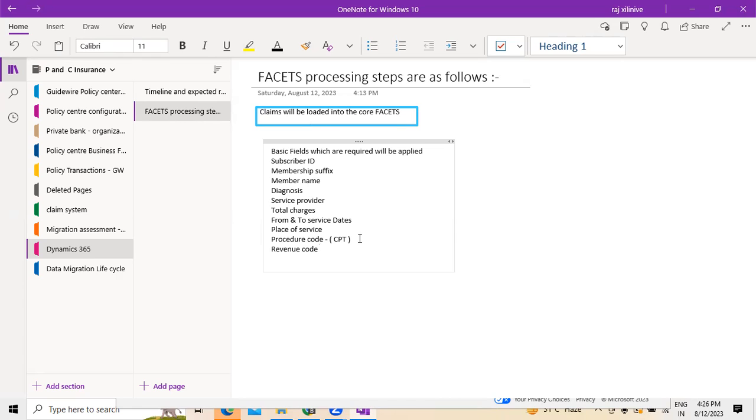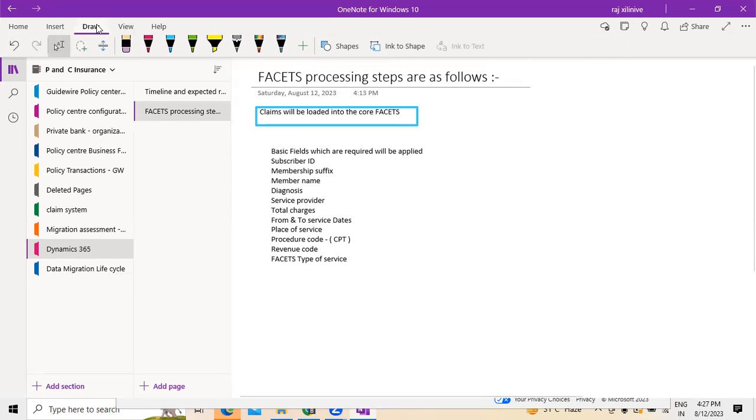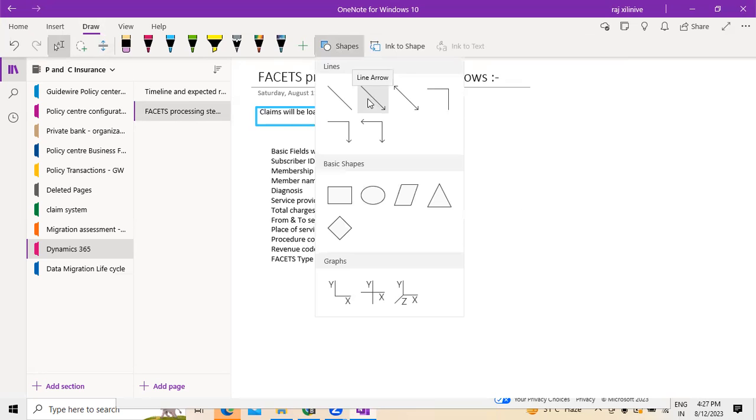Whatever code numbers are applicable, if any, relating to Facets type of service codes, because not only the procedure but any kind of service code numbers will be taken up. So claim processing will be done initially.